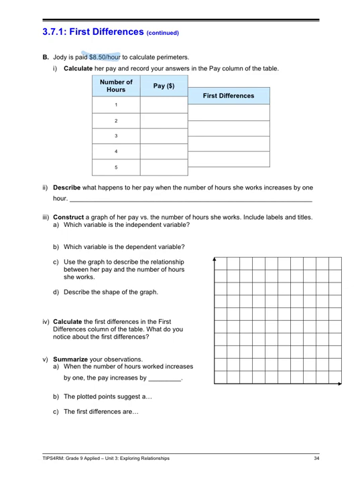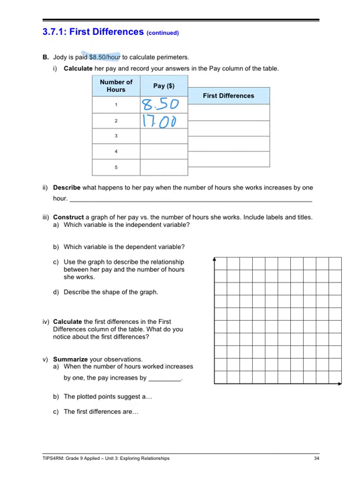So if Jody worked 1 hour, then she would make $8.50. Notice we don't put the dollar sign because it's already given to us up in the table. If we work 2 hours, we'd get another $8.50, giving us a total of $17.